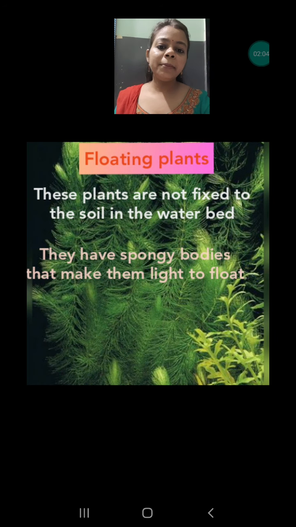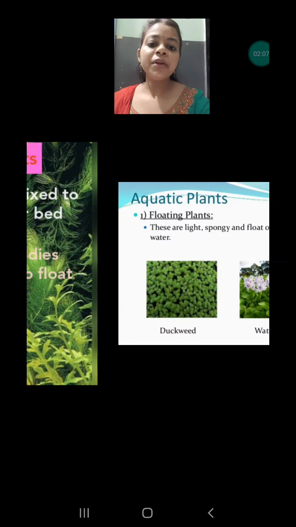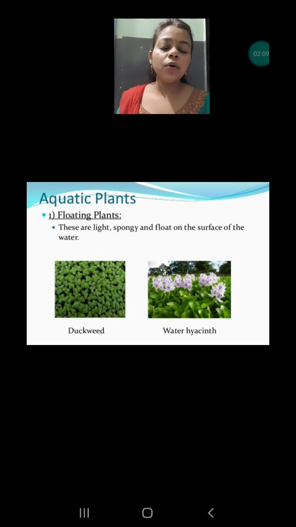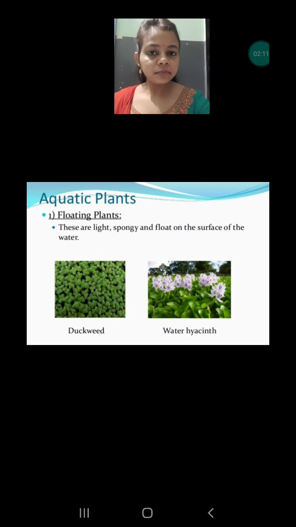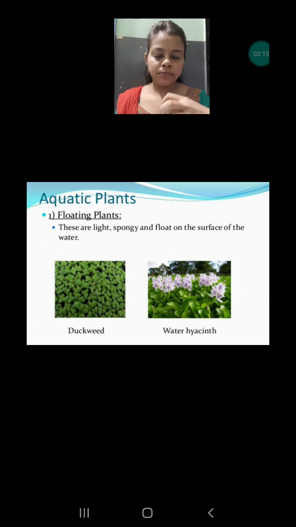Floating plants are very spongy, and they float on the upper surface of the water because air is filled in the leaves or the stems, whatever they have inside their body. The air is filled in the empty spaces, and this makes their body very light, and that helps them float on the surface of the water.